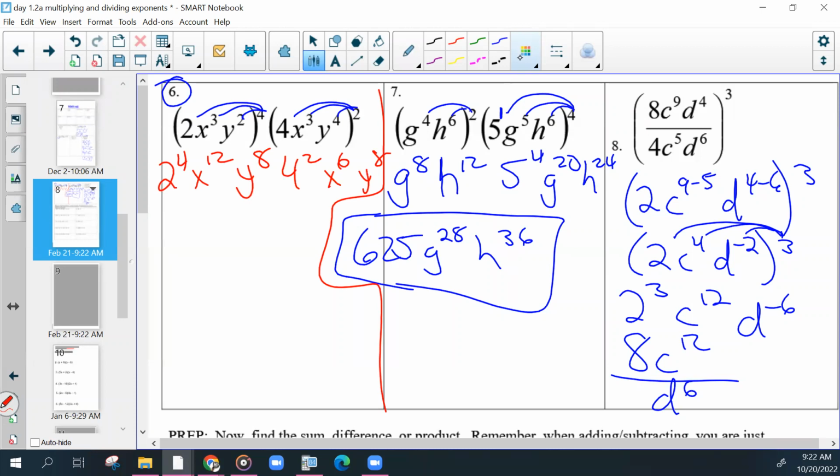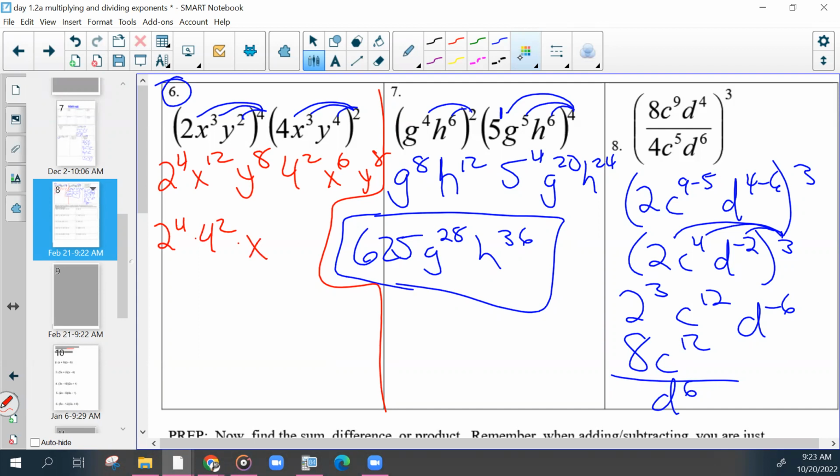Whether you start combining your exponents, or figure out what these are, move those to the front and multiply them, that order doesn't matter. So I'm going to move those to the front and add my exponents together.